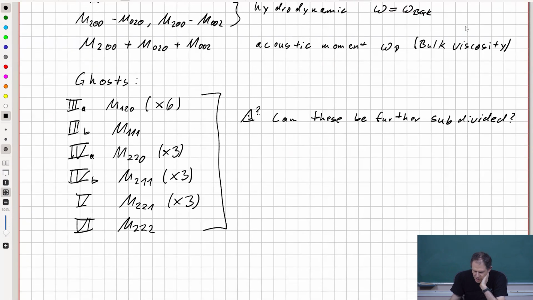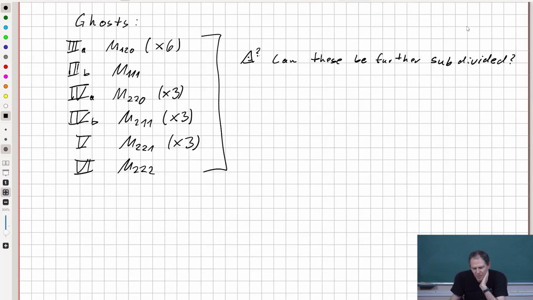So how to do this? What we have to do is to look at the rotations of these things. So we look at the rotation of moments.